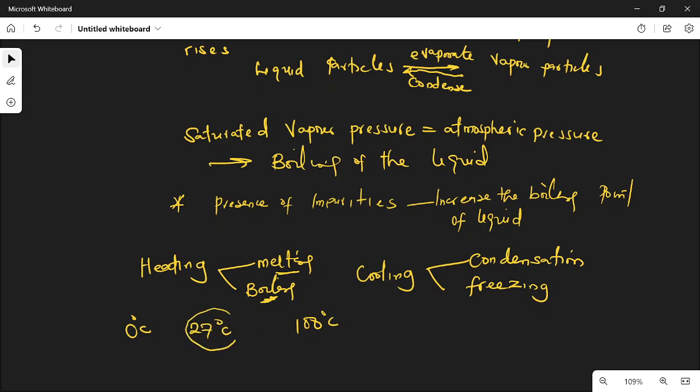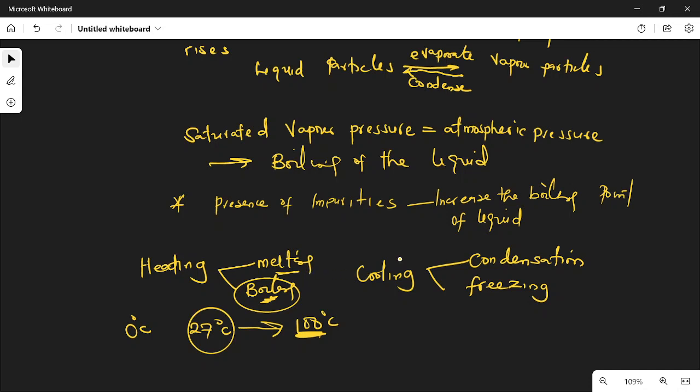So look at this now. The normal temperature of water is 27 degrees Celsius. On going to 100, it means the temperature has been increased, which means we have heated it, and that's the reason why it attains 100 degrees Celsius, meaning it is boiling. I don't know if you get that. For melting too, we need to heat the solids to gain more energy, and when they gain more energy, the binding force collapses and they melt.